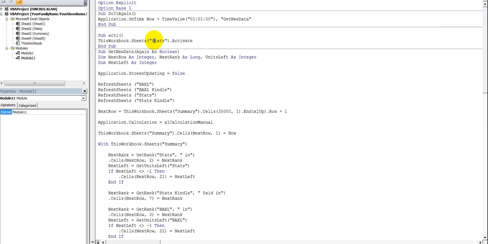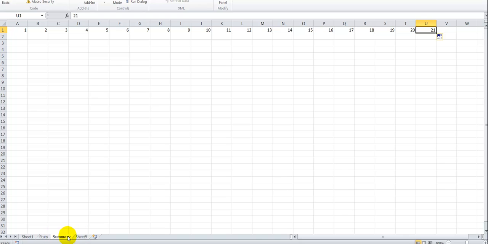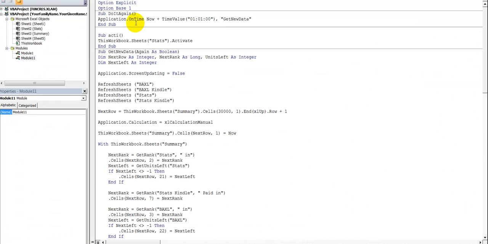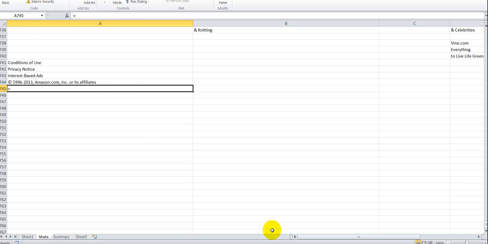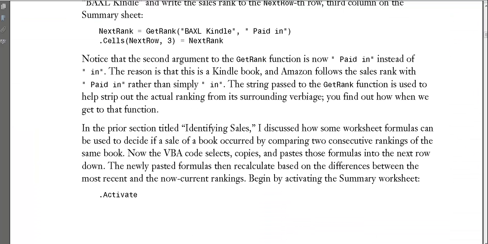Okay, now if I run it, but first let me go back to here and activate summary, for example. Now, if I run that macro, click up here to run it, and let's see what happened. So now stats is active. Okay, so anyway, that's what that code does.